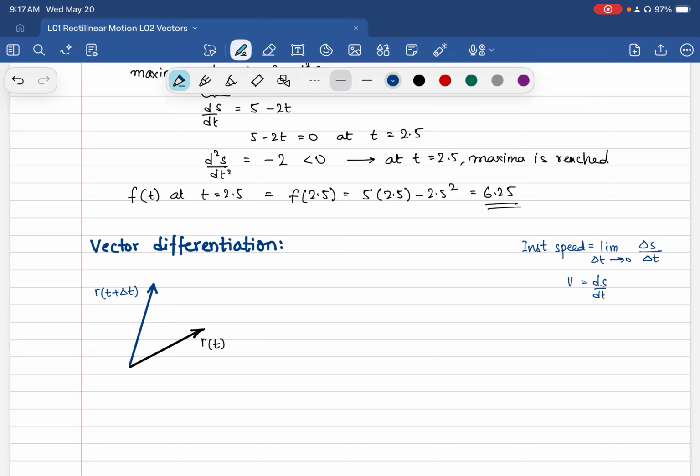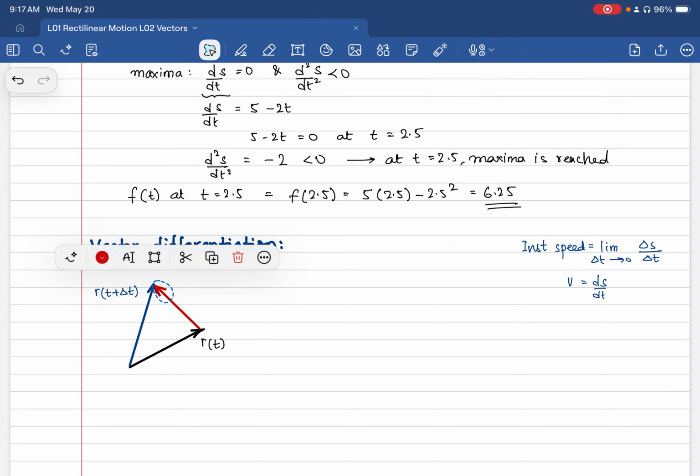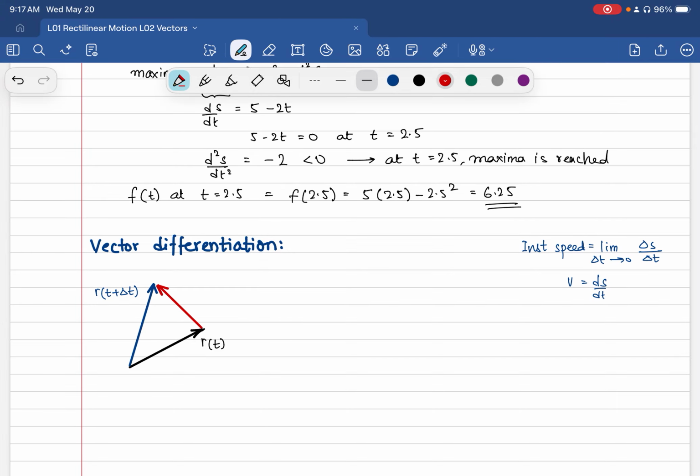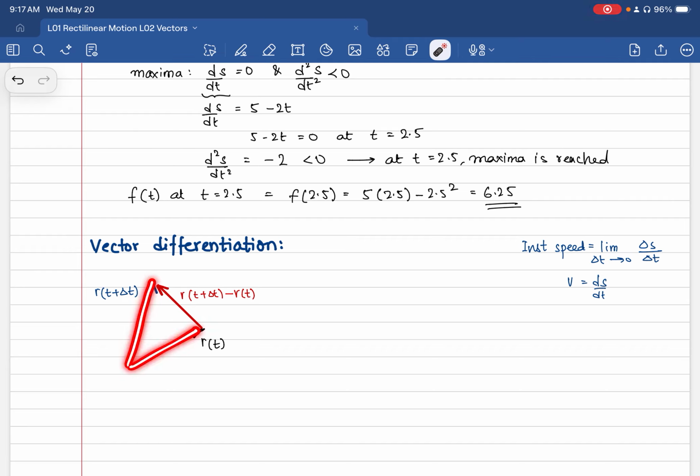And what then is this vector here? This would be r of t plus delta t minus r of t. That is the displacement vector if these were position vectors.